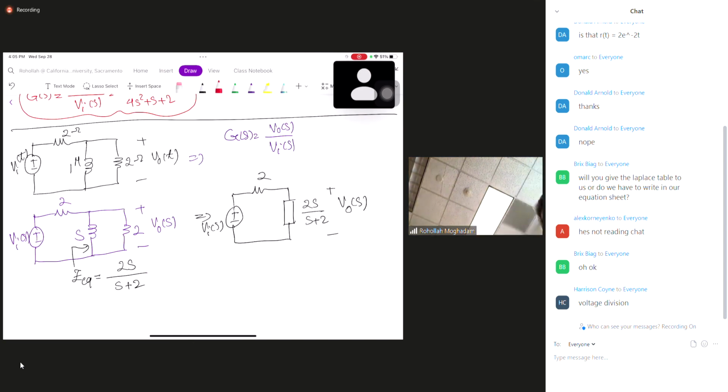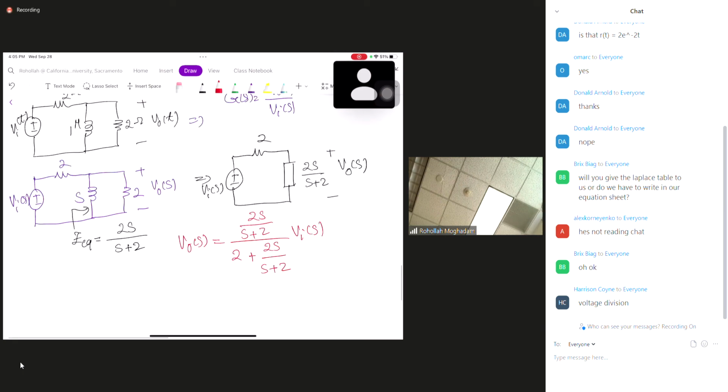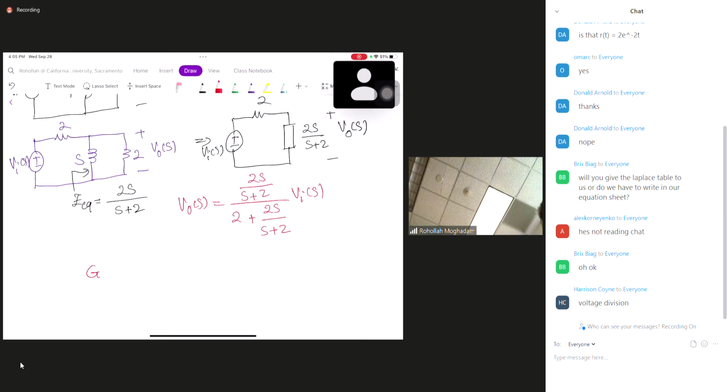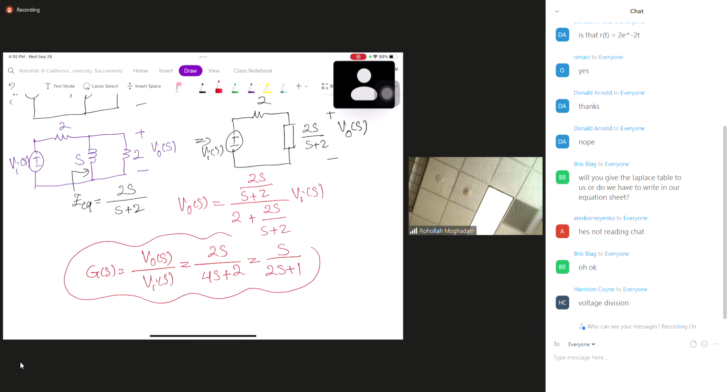Therefore, we can simply write VO of s is 2s over s plus 2 over 2 plus 2s over s plus 2 times VI of s, or the transfer function VO of s over VI of s becomes 2s over 4s plus 2, or s over 2s plus 1.